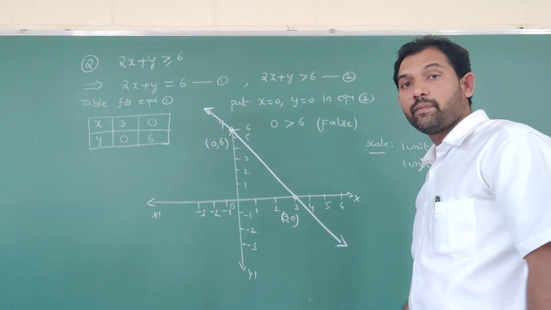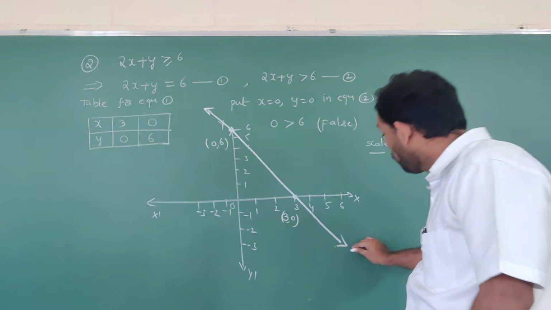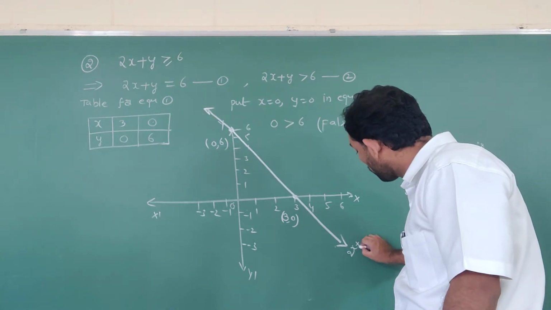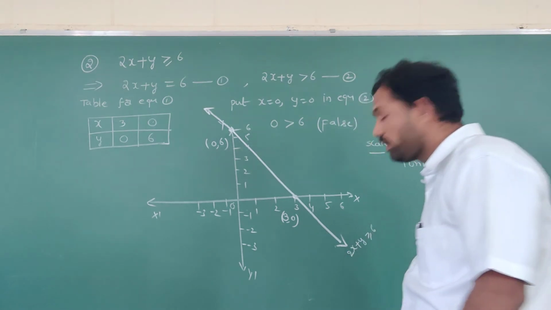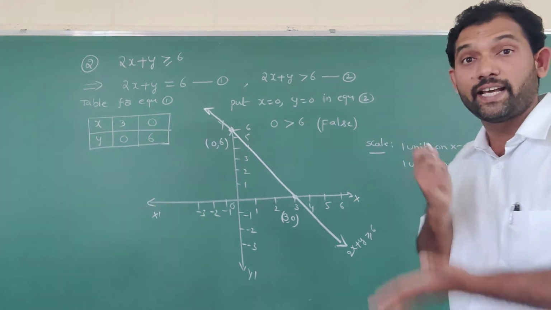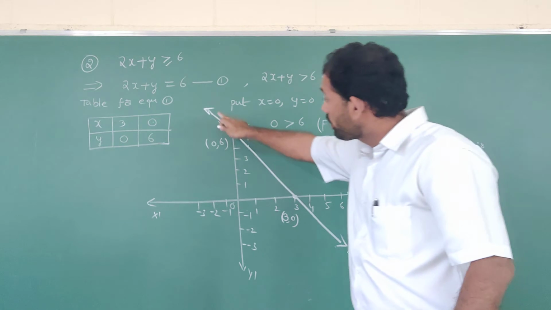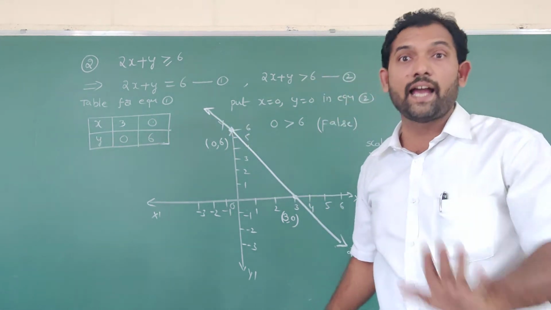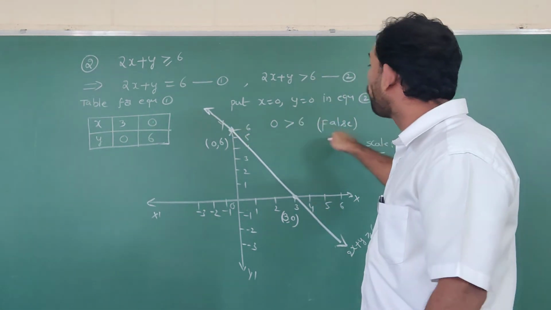Now write the name of this one. What is the name? 2x plus y greater than or equal to 6. This is the graph. The solution is there on the line, and what is given here? False.